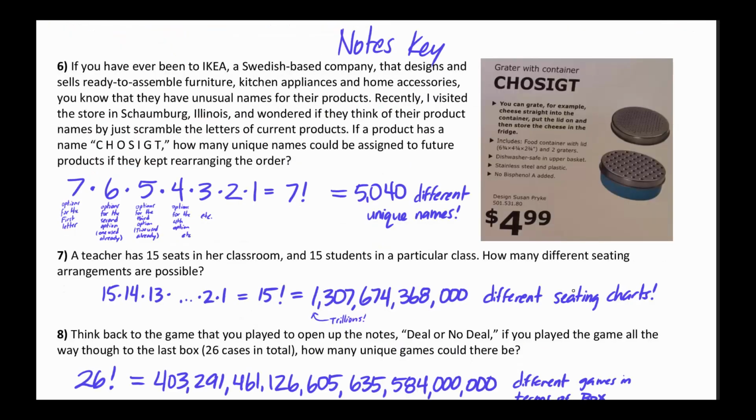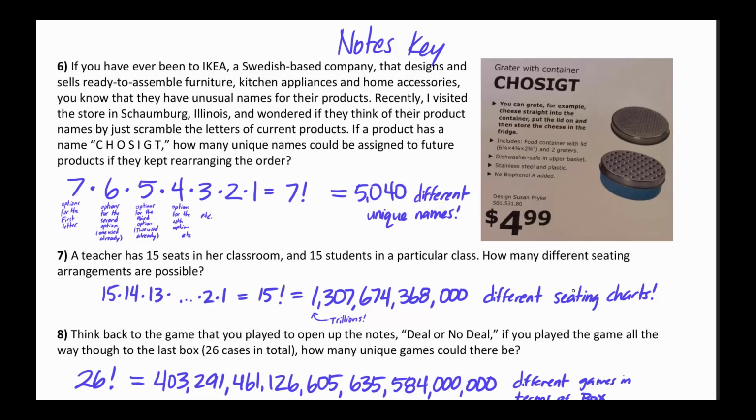Let's move on to the third page with question number 6. If you've ever been to Ikea, which if you don't know, is a Swedish-based company, it designs and sells furniture that you have to assemble yourself, and they have kitchen appliances and home accessories and things like that. But they have unusual names for their products because they're Swedish.